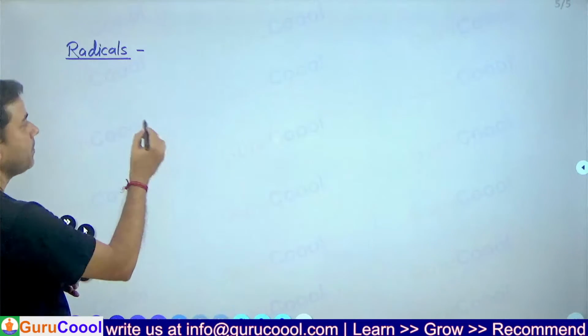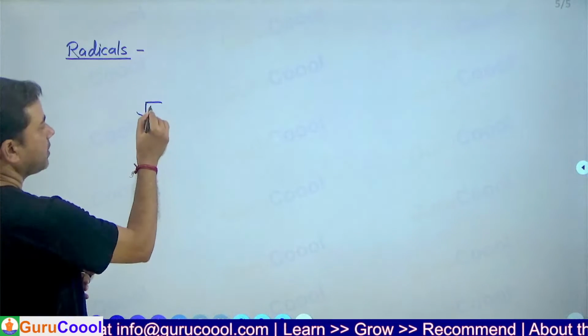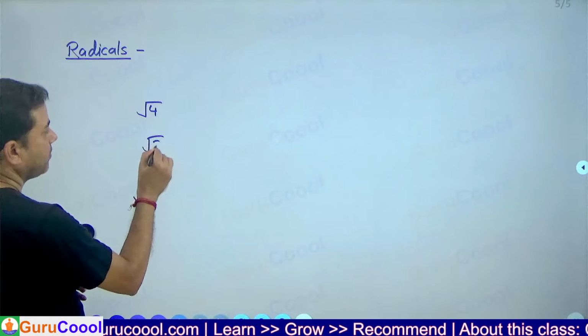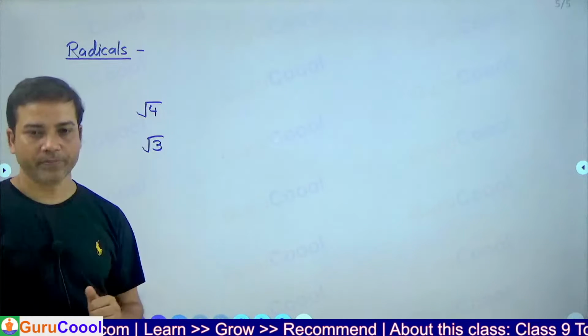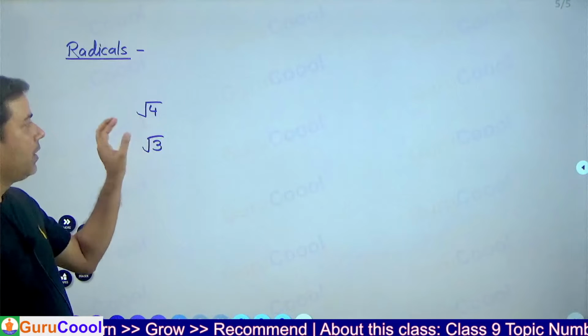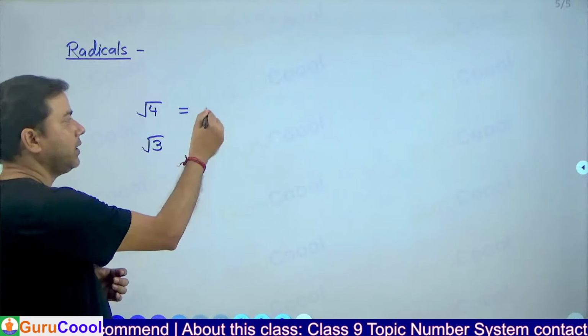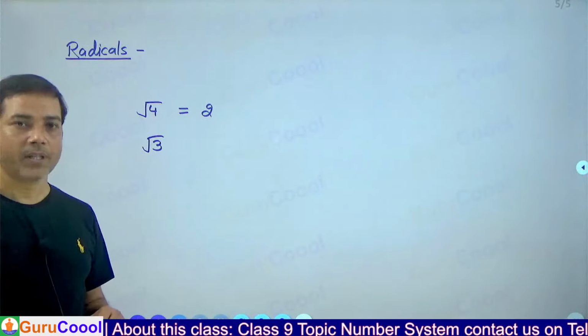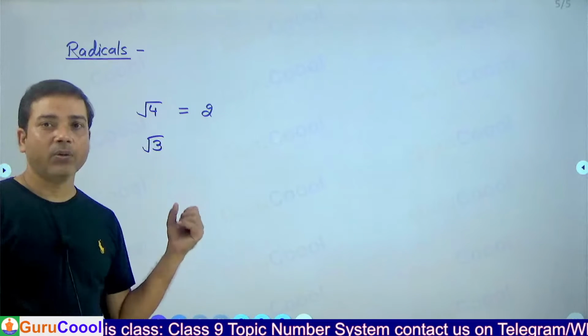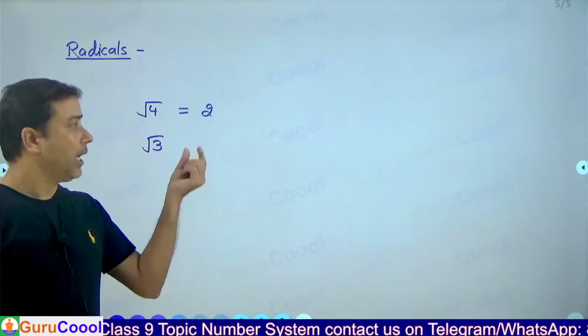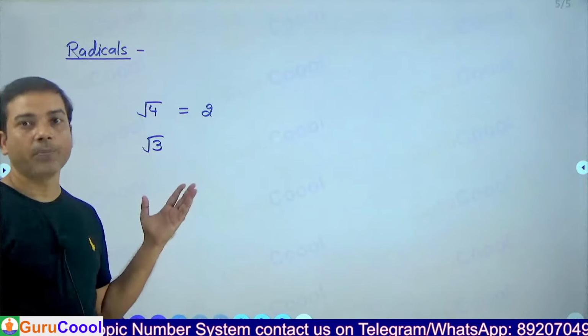For example, let us consider this and this. See these two. In the first example, you can remove the root sign by writing its value like this. But this one, you cannot remove root sign and have a whole number. It's not possible.